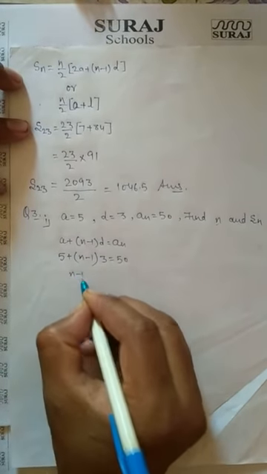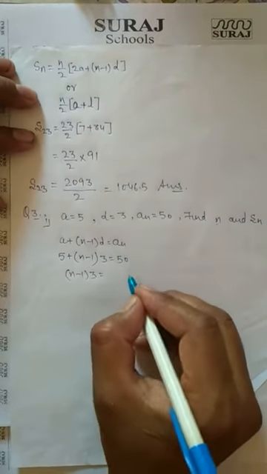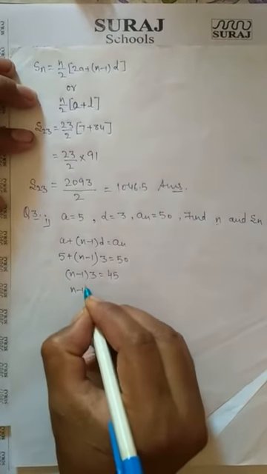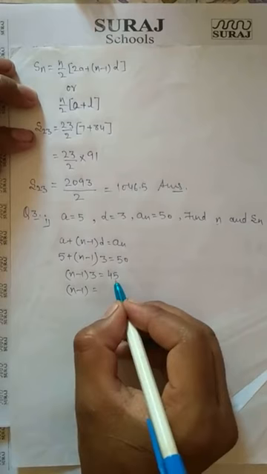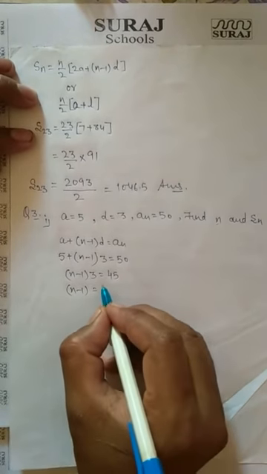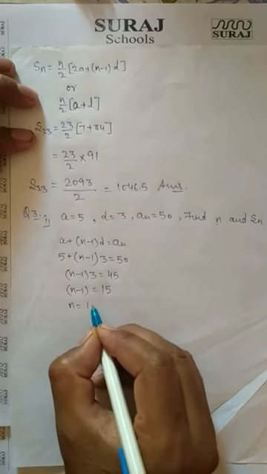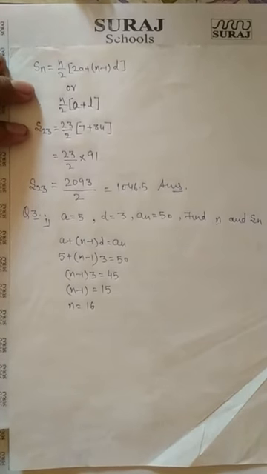Okay beta, n minus 1 into 3 is equal to 50 minus 5, we transpose the 5, that is 45, and n minus 1 is equal to 45 upon 3. Beta, here it is multiplication, it goes to division: 45 upon 3, that is 15, and n is equal to 15 plus 1, 16. So how many terms? 16 terms. So beta, n is defined here.